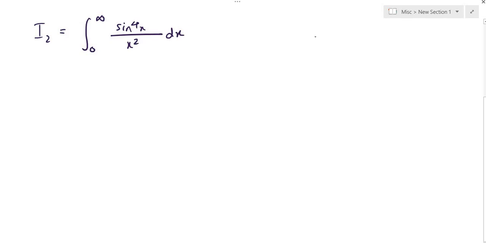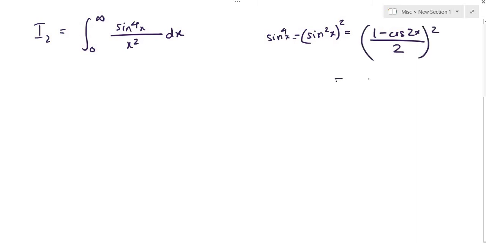We know sine squared of x can be represented using the cosine double angle formula, 1 minus cosine 2x divided by 2. What if we were to square that? We would obtain sine to the 4th of x, right? So that's basically squaring this. So we have 1 over 4 can be taken out, 1 minus cosine of 2x, the whole thing squared.